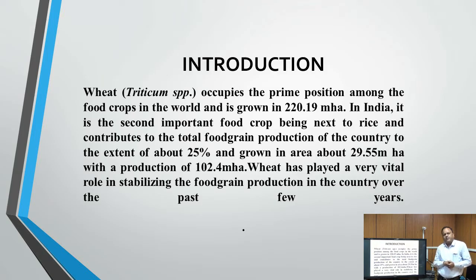As far as the productivity of wheat in India is concerned, it is lower than Egypt, China and other countries. However, in India, on an average, nowadays the productivity is 3 tons per hectare.